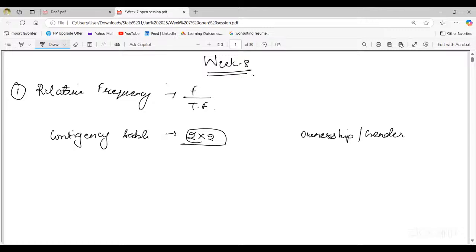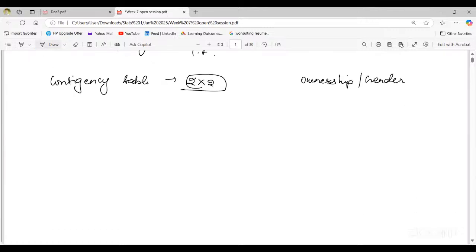Let's make the table here. This is the ownership, whether he is having or not having a smartphone. Then we have the gender, female and male. The counts are 34, 40, 10, 13.